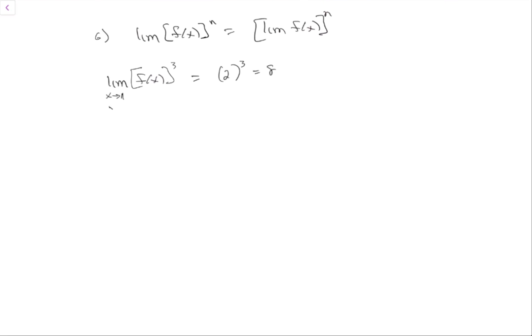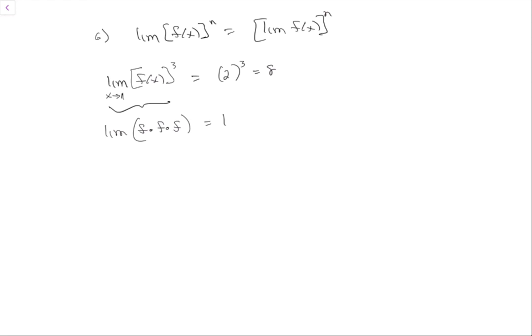Now if I come back and look at this expression, that's a limit of a product, really. It's like the limit of f times f times f. That's what the cubed means, right? So I could use my product rule in that case. Oops, the 3 isn't there anymore. f times f times f is f cubed, right?